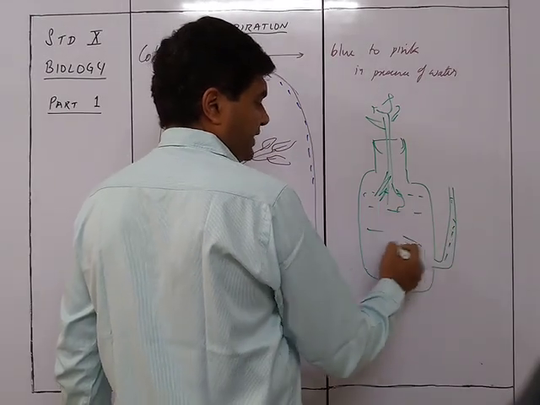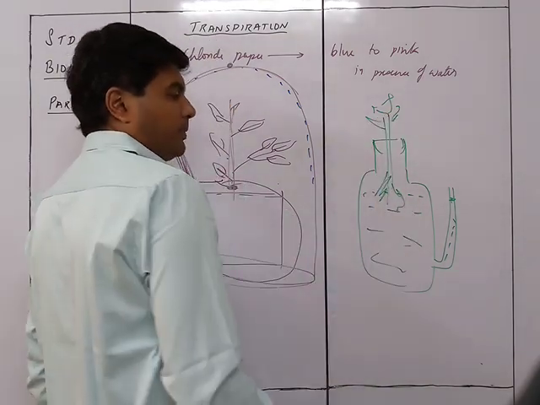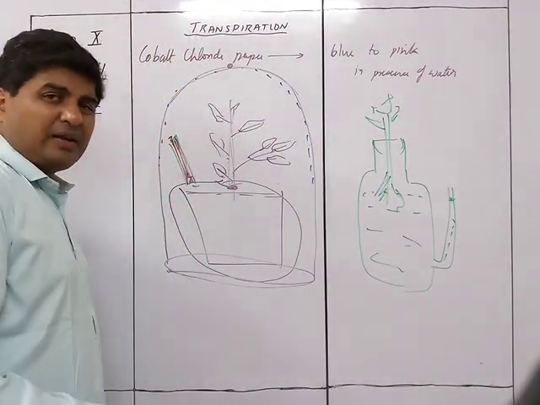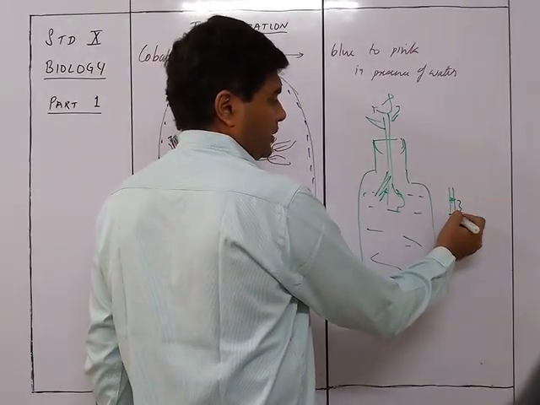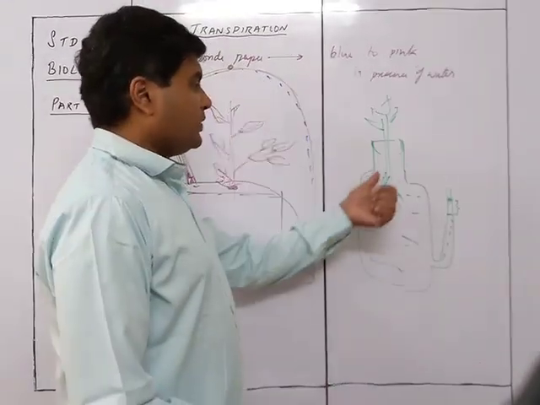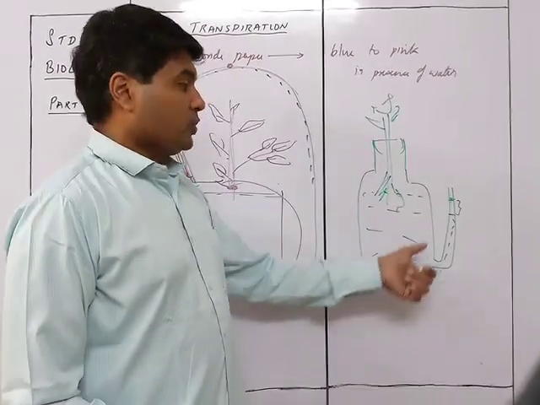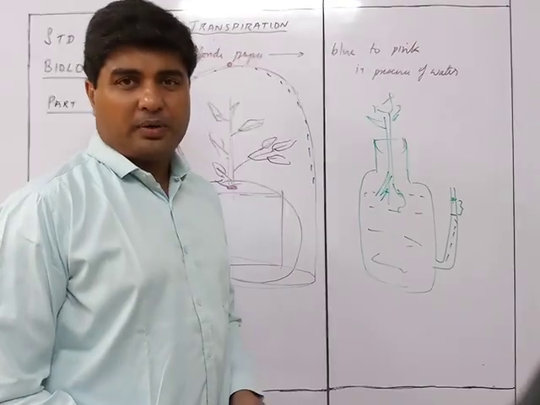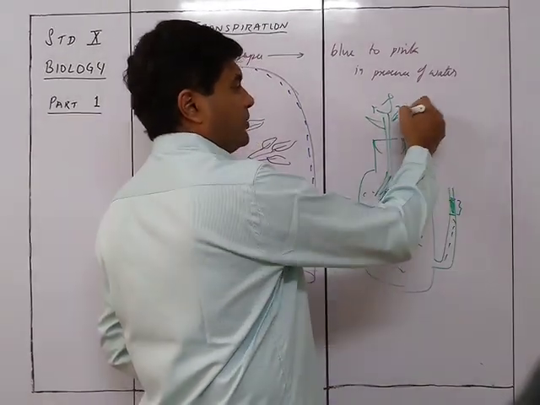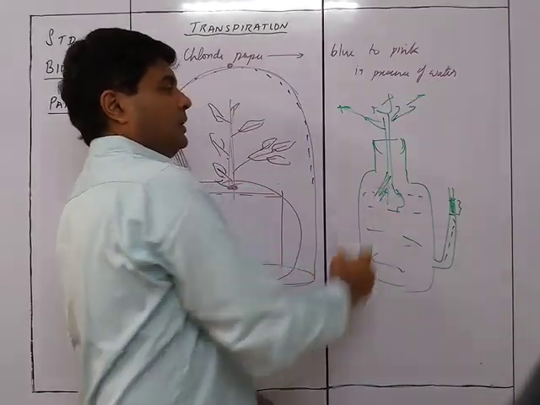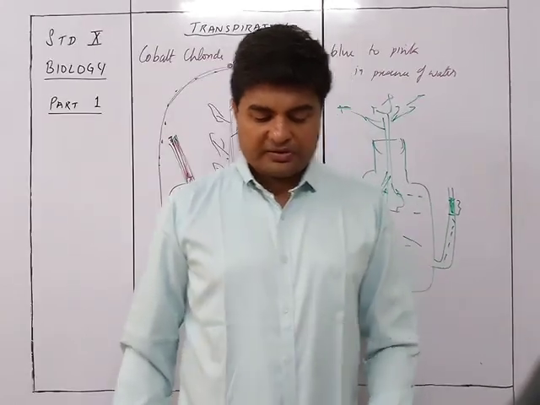Initially the water level was up to this point, and when the whole apparatus is kept in sunlight for a few hours, you will find a drop in the water level over here. Water cannot escape from this part because it is sealed. So whatever the drop in the level of the water is, it shows the amount of transpiration given out by the aerial part of the plant. That is the modified version of this experiment.